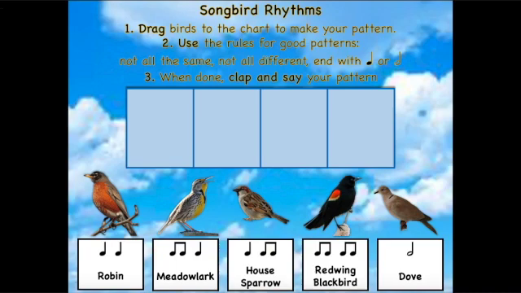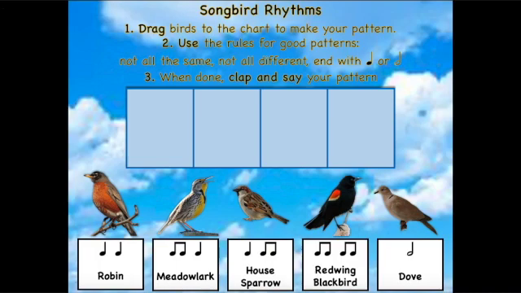Now we have to remember that we have some good rules for our pattern. Those 3 rules were that we should not use all the same bird for the pattern, we should not use all different birds, and that we should end with a good cadence, which means we're going to end with a quarter note or half note sound, a long sound, not 2 fast sounds. And then when we're done, we can clap and say our pattern.